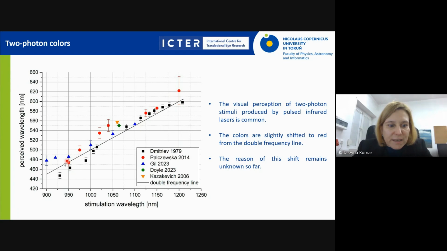The only exception from this red shift is these results, but they are very old, from 1979 from Dmitriev, and in their experiments the Stiles-Crawford effect was probably not fully controlled, so it is not confirmed by others. The reason for this shift to the red part of the spectrum is still unknown.